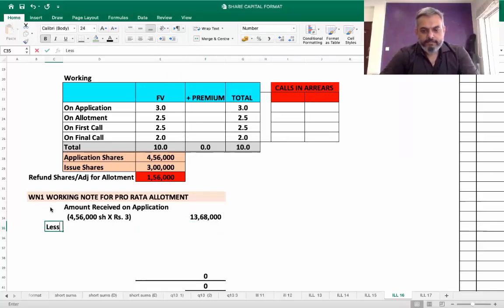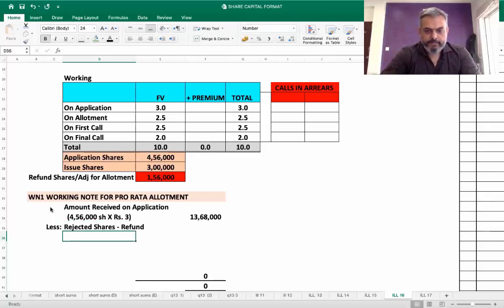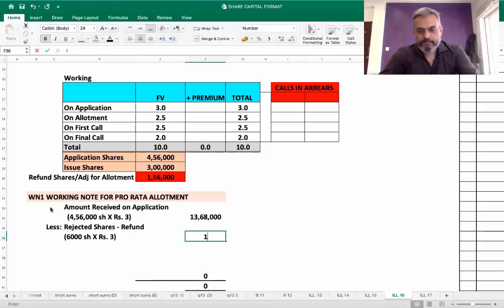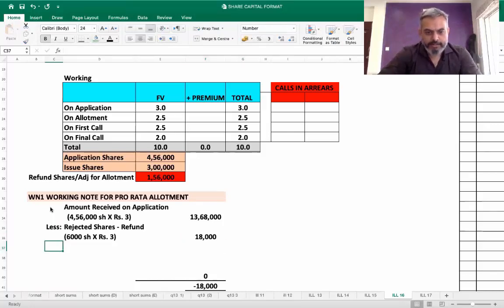Less rejected shares. How many shares are rejected for which we will be giving refund outright? So 6,000 shares into rupees 3 per share. So 18,000. You can do this working on your own and then check.